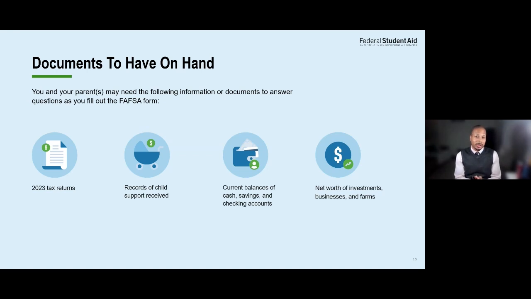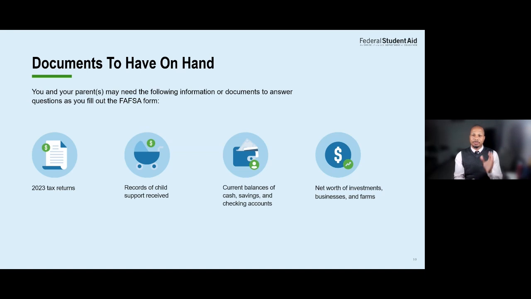So just to pause there for a second, 2022 tax information is going to be useful for the 2024-2025 FAFSA form. Now, the 2023 is going to be useful for the 2025-2026 FAFSA form. I know that's kind of confusing, but I promise you, when we get into the demo, you'll see exactly what I'm referring to and how to know which tax year is applicable to that particular FAFSA form.